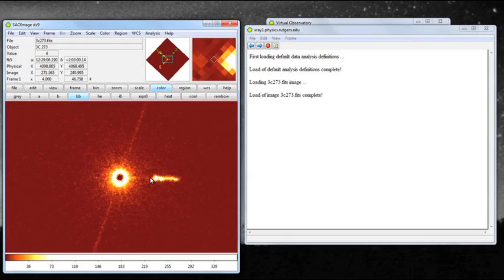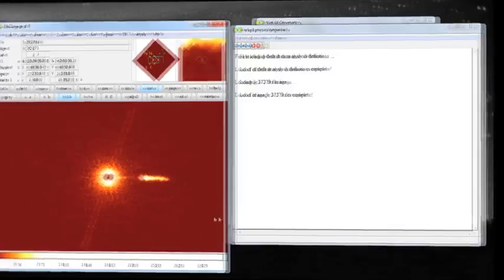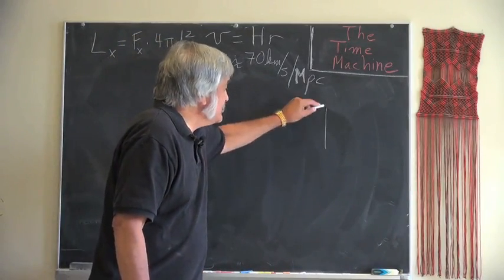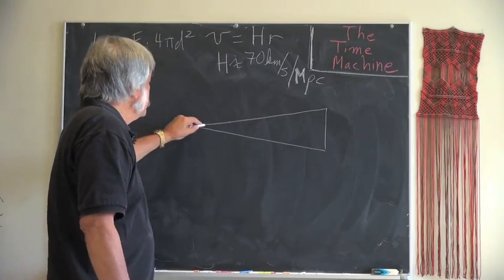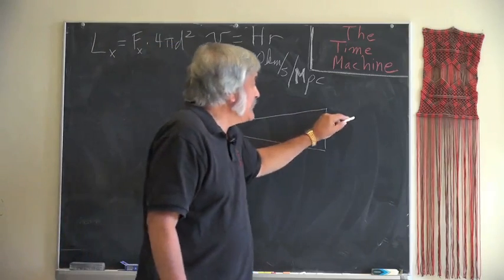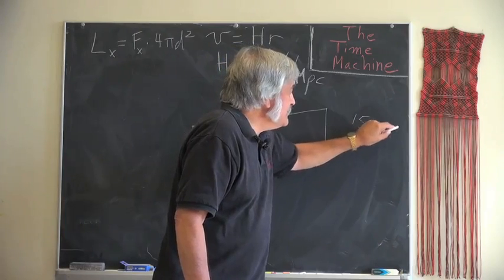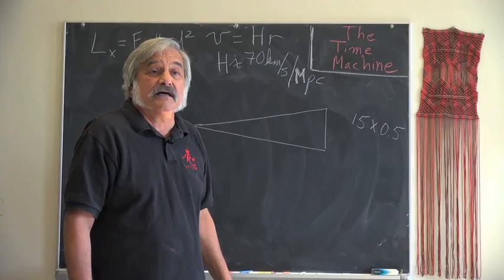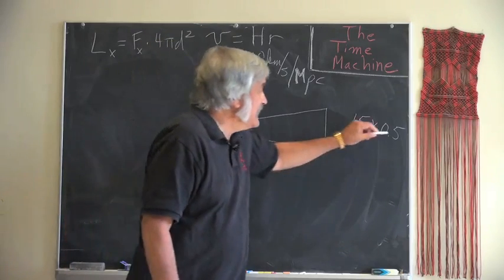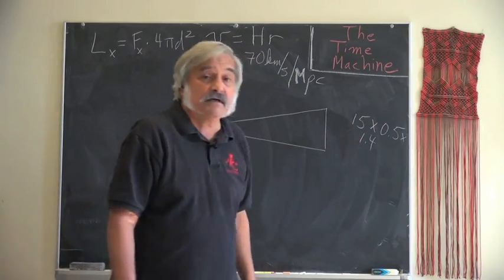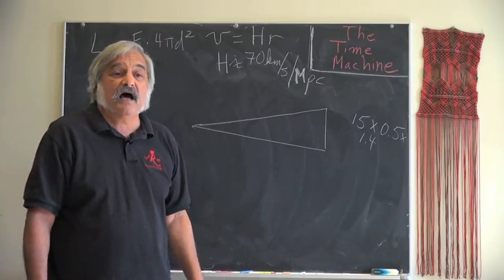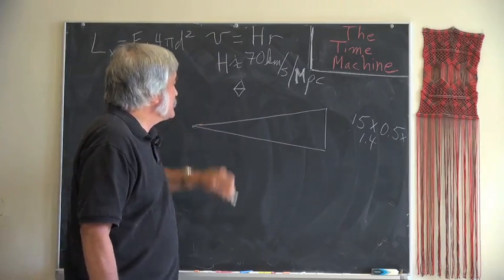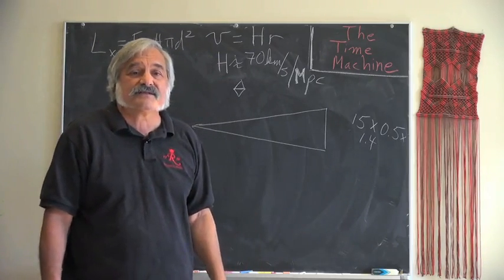Let's do the calculation at the blackboard. Along the diagonal, the jet is about 15 pixels long, so the angular extent in the sky has to be about 15 pixels times 0.5 arcseconds per pixel, which is the element of resolution for the Chandra satellite, times 1.4, because we're seeing those pixels kind of like a diamond shape here, and we're measuring the distance across the diagonal instead of along the side.